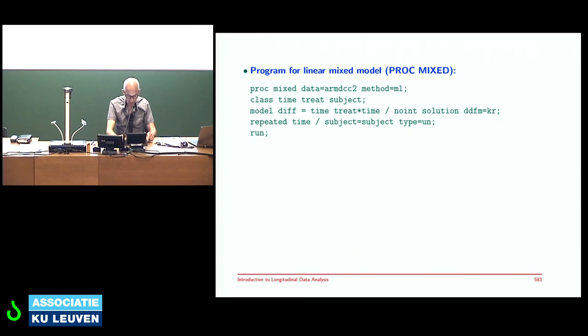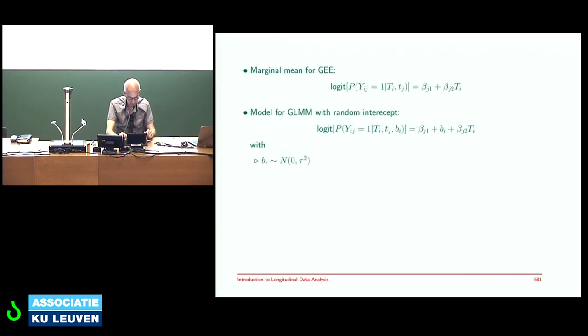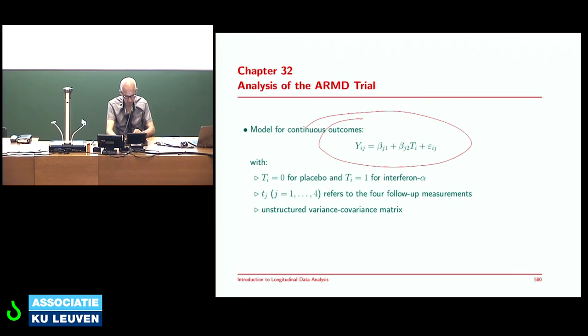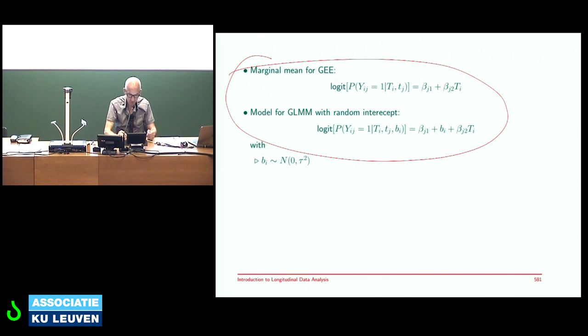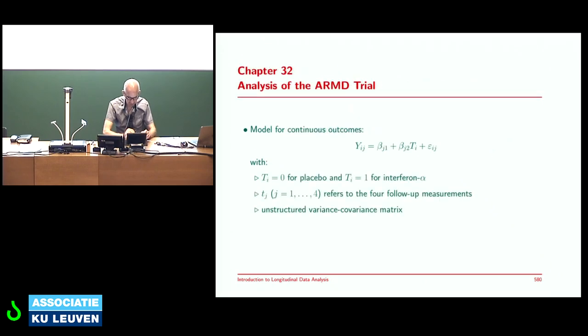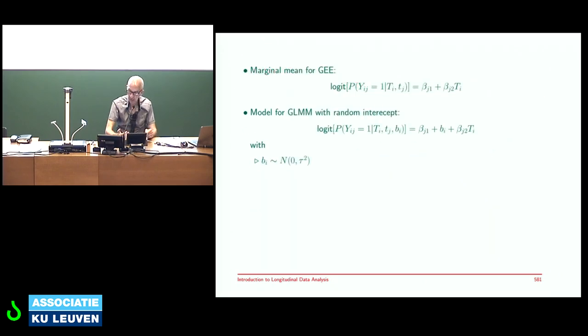In the continuous case, of course, we're going to use a linear mixed model, as we have said a few pages ago. So that's the model for the continuous outcome. Subsequently, we will look at GEE and the generalized linear mixed model for a non-continuous outcome. Now, you must remember at this stage that both the linear mixed model as well as the generalized linear mixed model are likelihood-based methods.